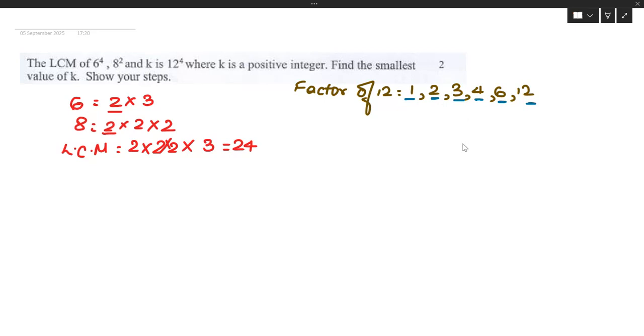See, we have to find which is a multiple of all the three numbers and which is divisible by all the three numbers as well. If the LCM of 6 and 8 is 24, and after adding k, we have to bring it down to 12, then k should be a common multiple of 6 and 8, but it should be less than 12.